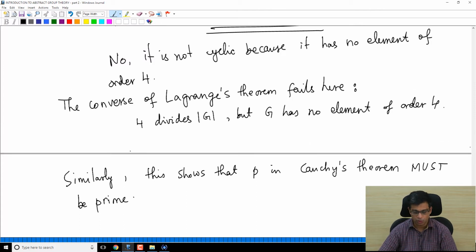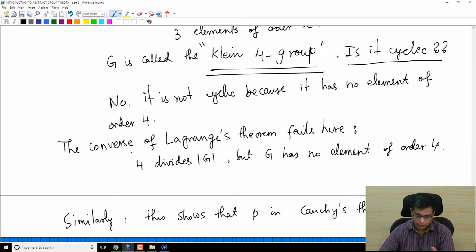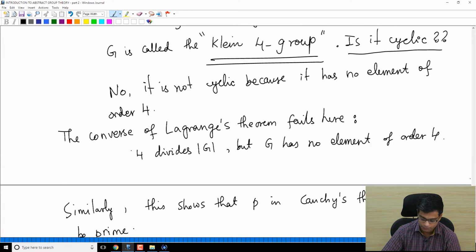G is a finite abelian group. 4 divides the order of G, but G has no element of order 4. The problem is 4 is not prime. So only if a prime number divides the order of the group can we say there is an element of that order, and that of course checks out here, because the order of the group here is 4, the only prime that divides that is 2, and certainly G has elements of order 2.